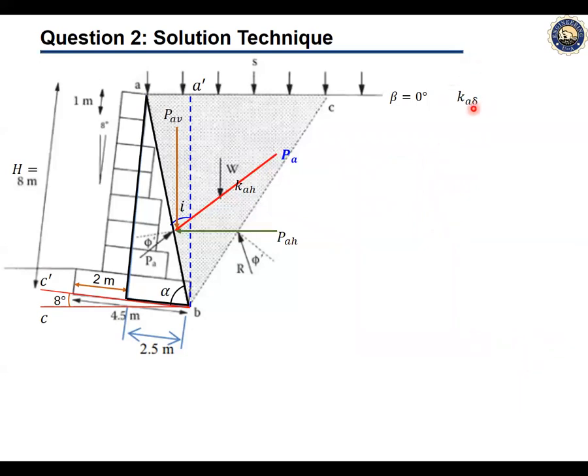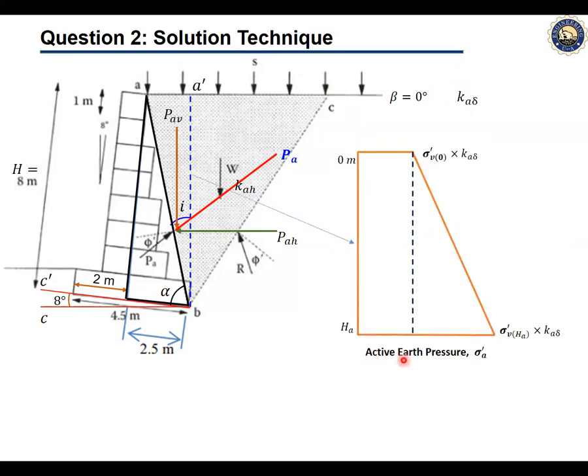Now, if we know this Ka delta, as we calculated in the previous slides, we can easily calculate the active earth pressure distribution by multiplying the vertical effective stress with the value of Ka delta.